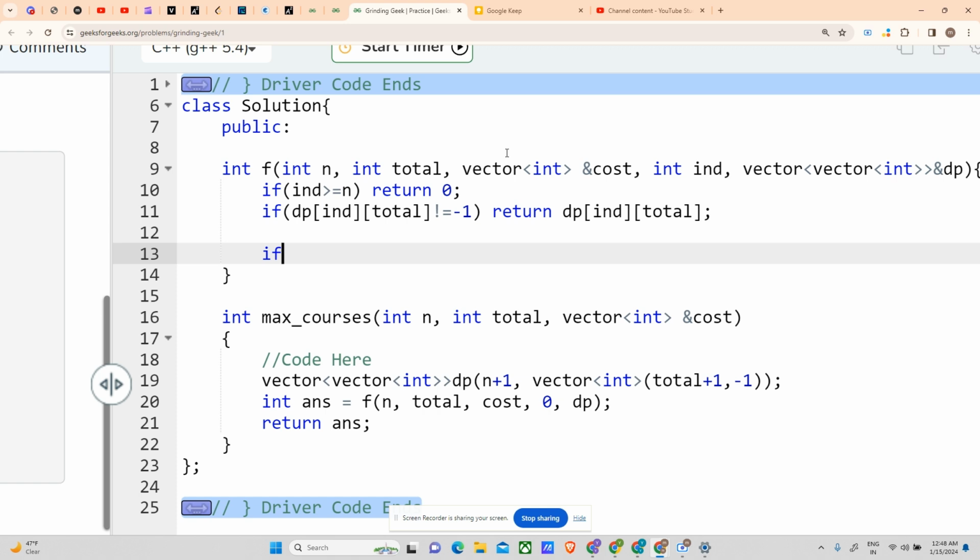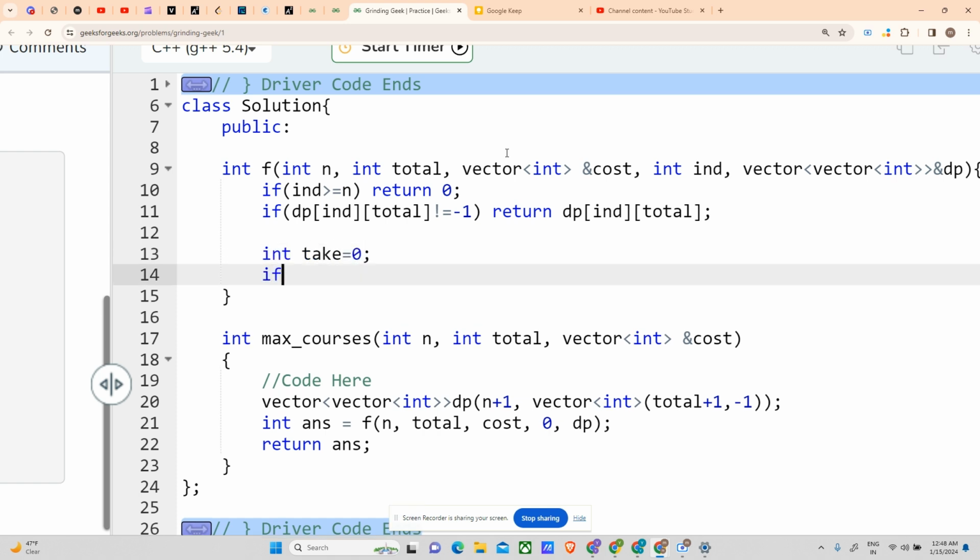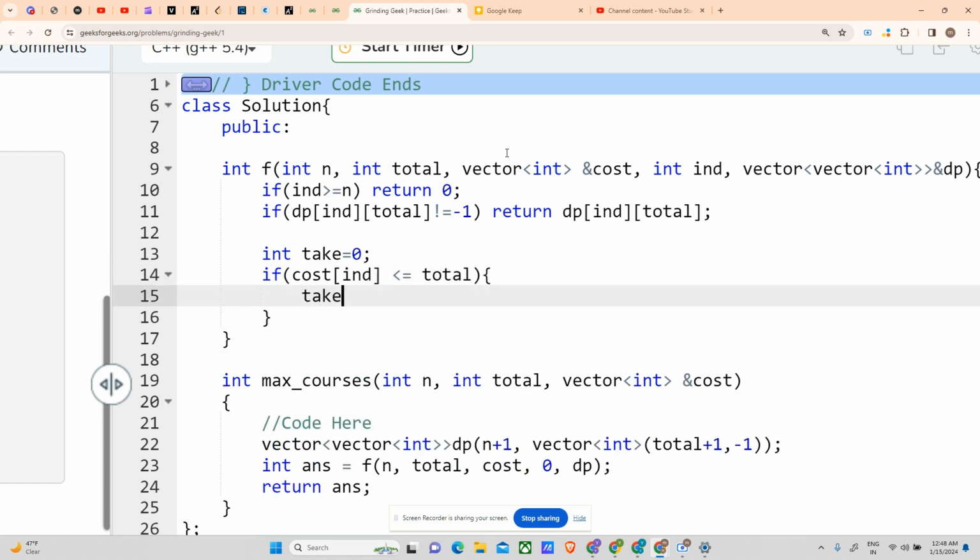Now, my take is initially 0, and it will change to a good value if my cost of index is less than or equal to my money in hand. In that case, take will become equal to 1 plus f of n, my money will change to total minus cost of that index plus 90% of that.